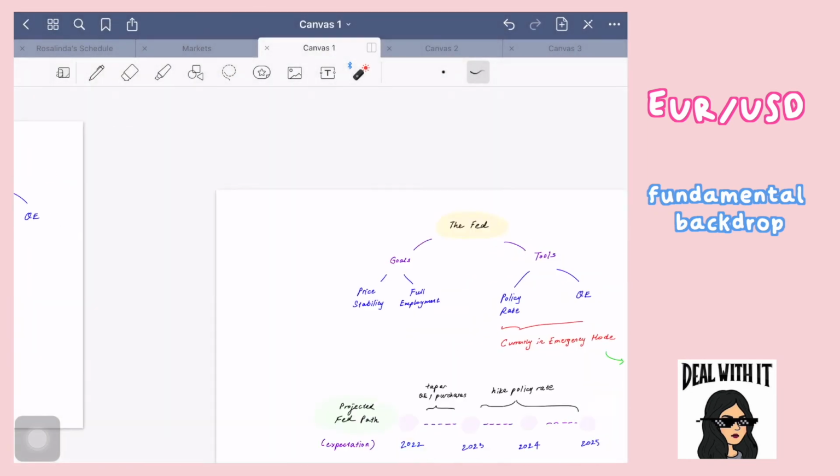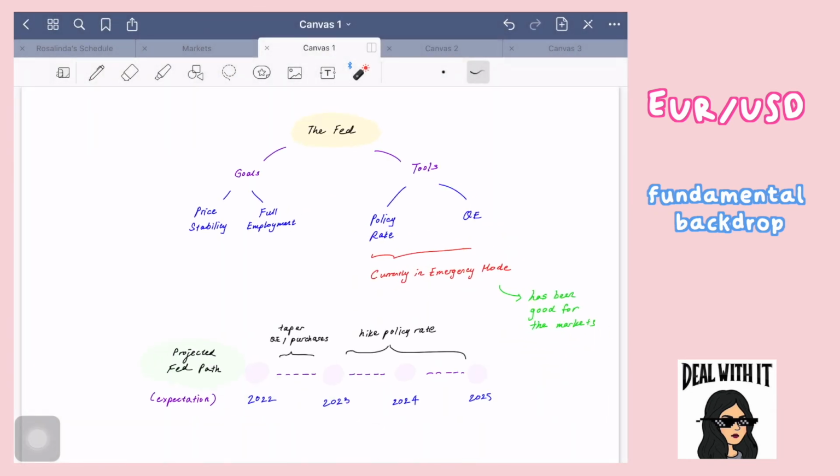So the bottom line is that the Fed has been in emergency mode. The tools that it deployed last year during the height of the crisis are not normal. These are emergency support measures, and the economy has been getting better. Things have been looking up, and the Fed can't stay in this mode forever.